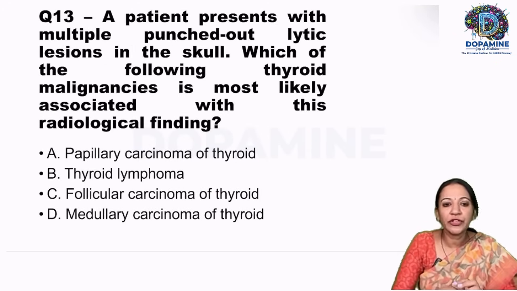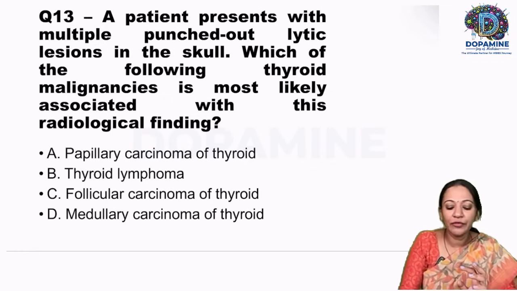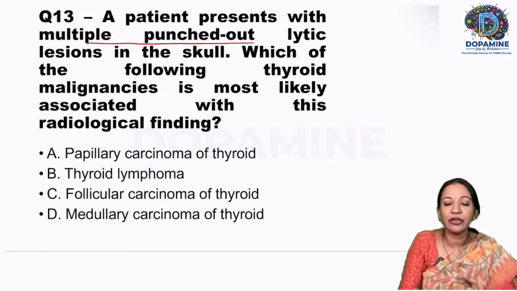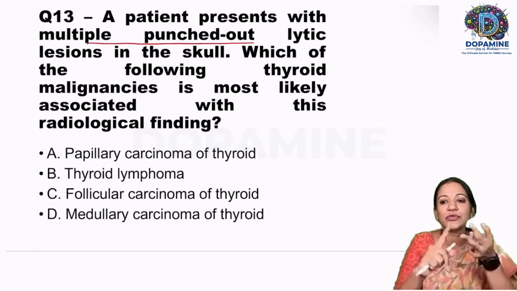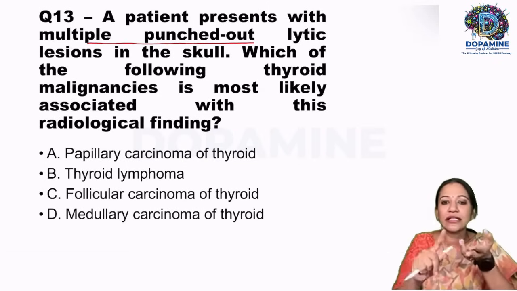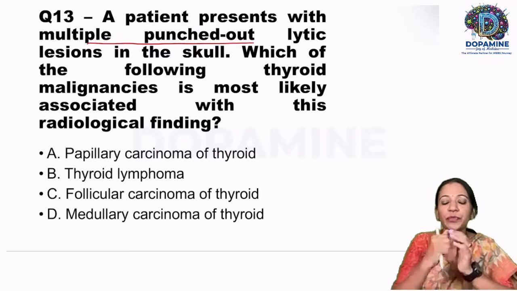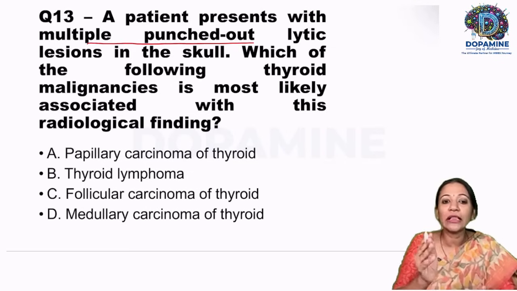A patient presents with multiple punched out lytic lesions in the skull. We are very familiar, whenever we use this terminology, two differential diagnoses will come to us. One is multiple myeloma, the other is Langerhans cell histiocytosis. But the question is more specific here. Which of the following thyroid malignancies is most likely associated with this particular radiological finding? The choices are given, all four thyroid cancers: papillary carcinoma thyroid, lymphoma thyroid, follicular carcinoma, medullary carcinoma.